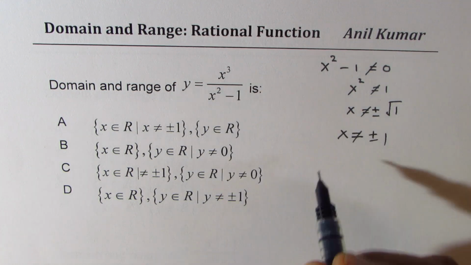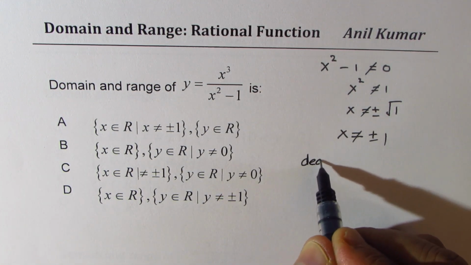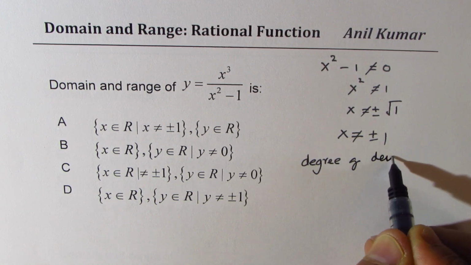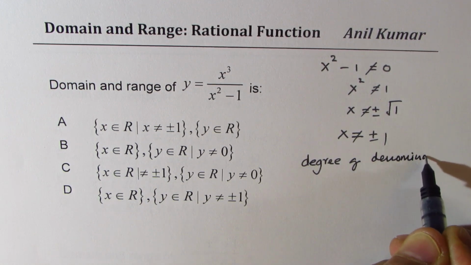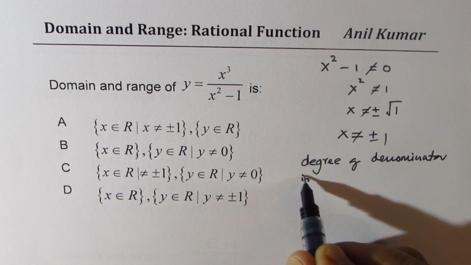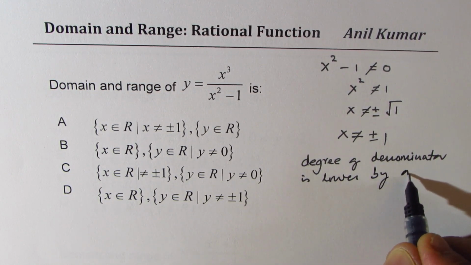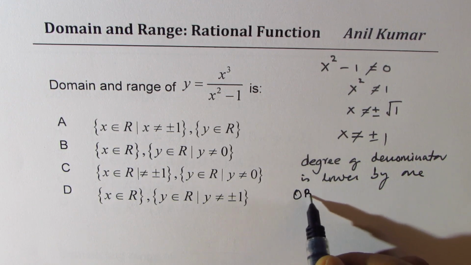Now, here degree of denominator is higher, right? No, lower, right? So degree of denominator is lower by 1, right? So by 1. So we have oblique asymptote.